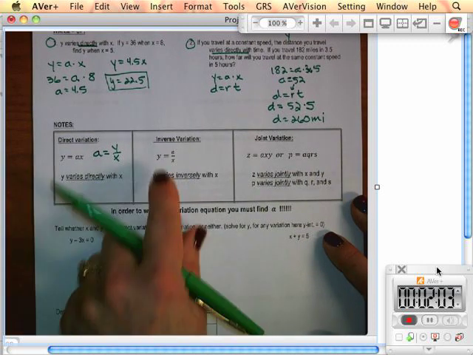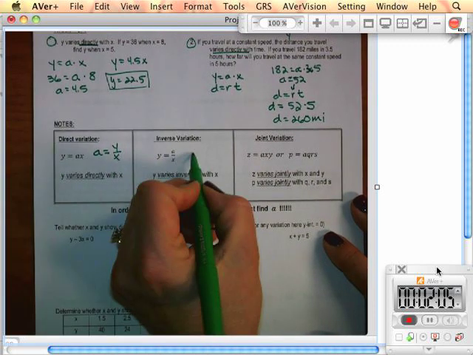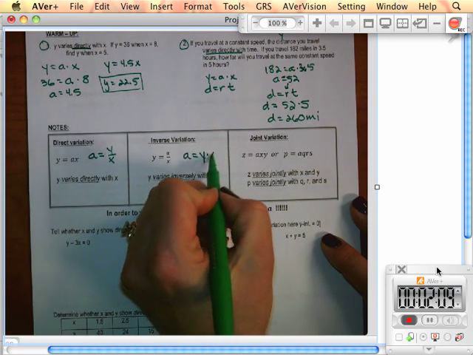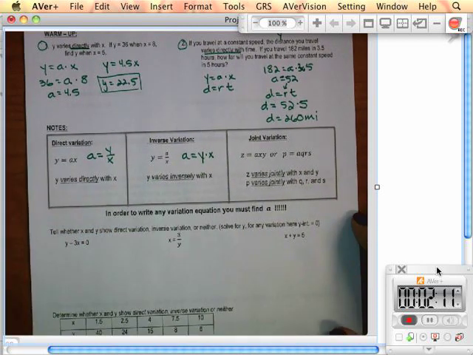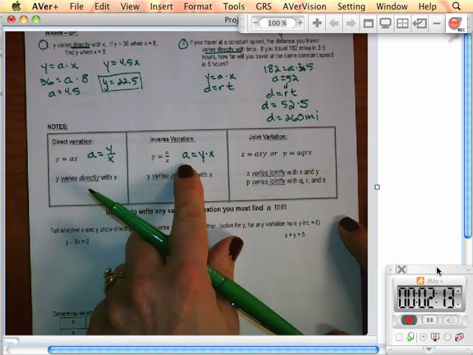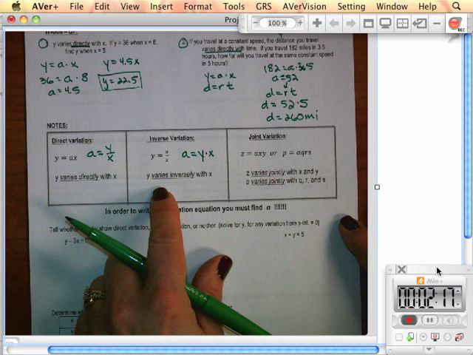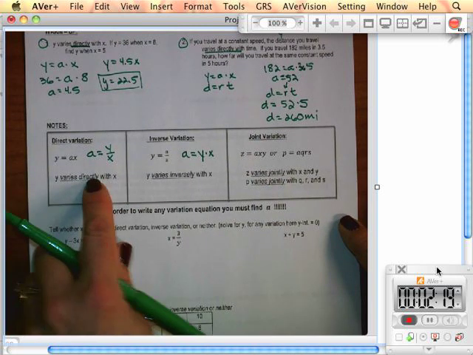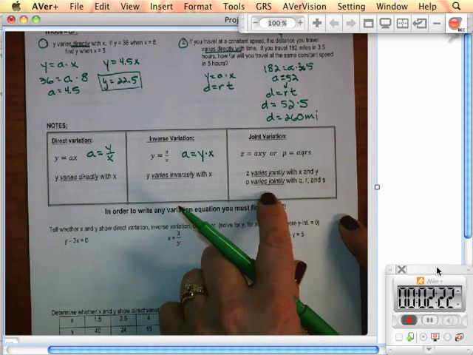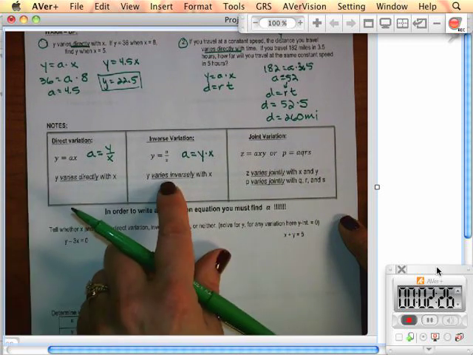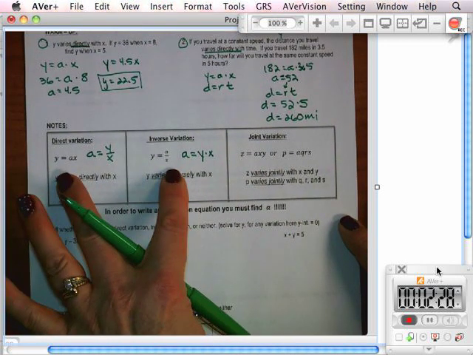And if I had to solve for a for this, what would it look like? a would equal what? y times x, right? Okay, and a is always going to be that important piece that you need to find out in order to write the equations. y varies inversely. I have these underlined because you're going to have to look for these key words when you get story problems. Varies directly, varies inversely. Then you know what you're working with here.